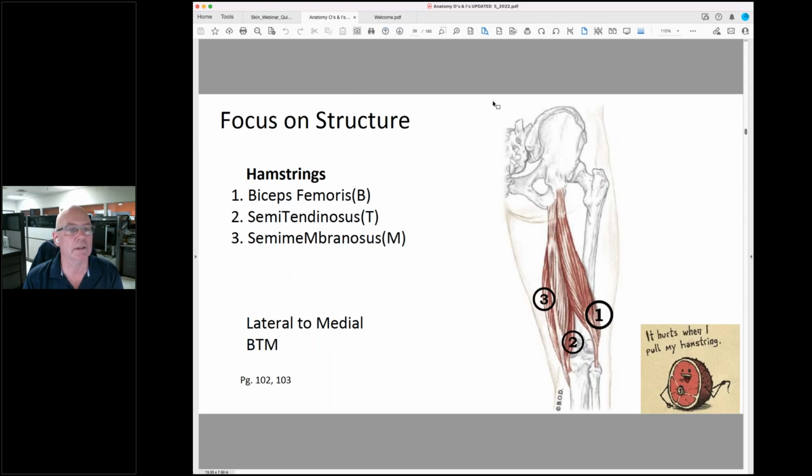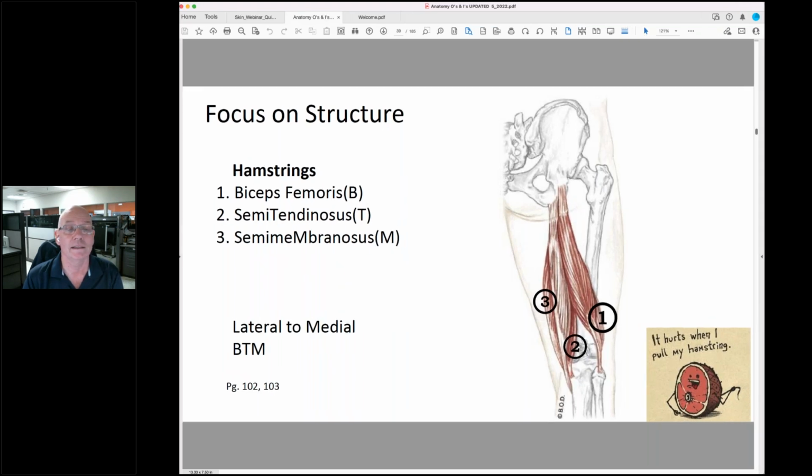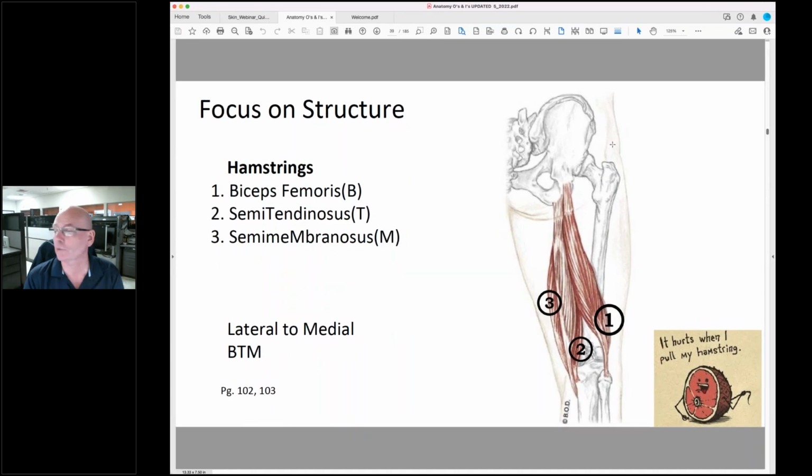Everybody, I hopefully can see the screen. And focus on structure. We're going to start with the hamstrings tonight. All right. Oh, shoot. Oh, there it is. I'm signing into Visible Body so I can show the hamstrings also. Which page?